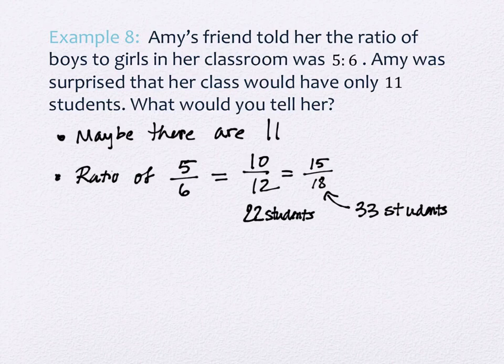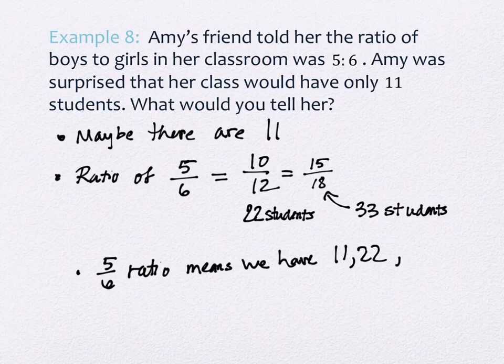So the ratio being a 5 to 6 ratio means we have 11, 22, 33.